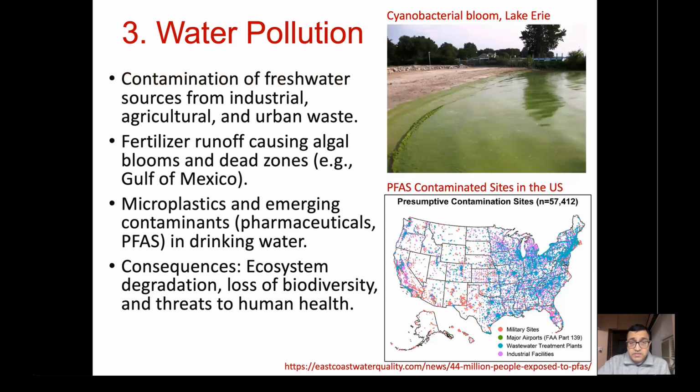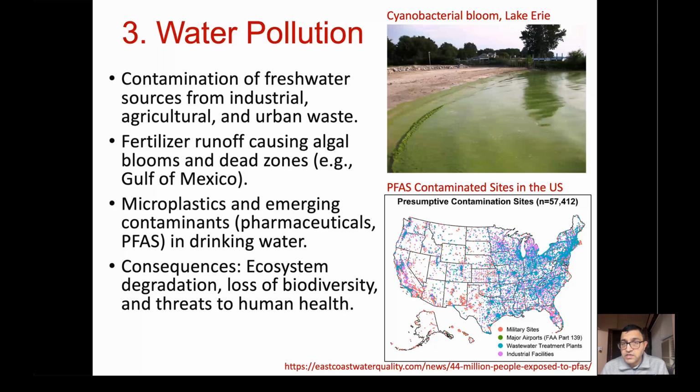Water pollution is an ever-present issue, where contamination of fresh water sources comes from industrial and agricultural sources and urban waste. Fertilizers add nitrogen and phosphorus to the downstream water bodies, causing algal blooms and dead zones.